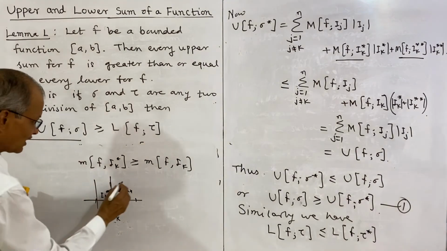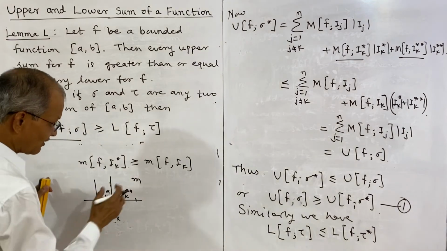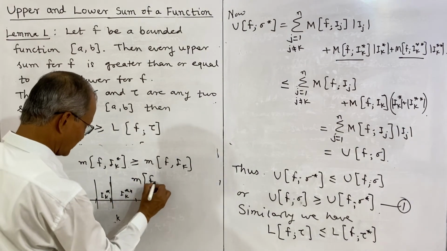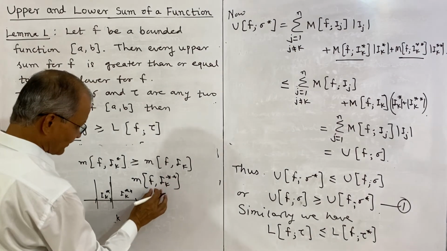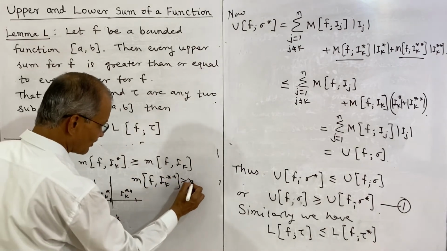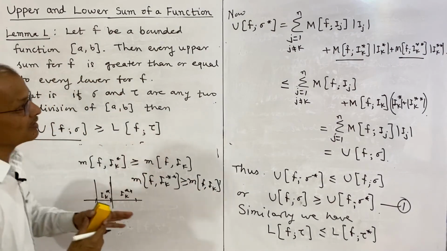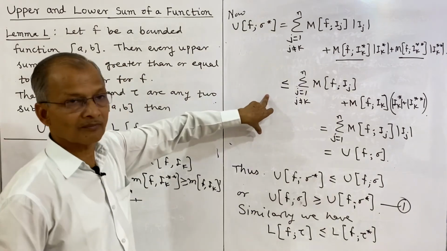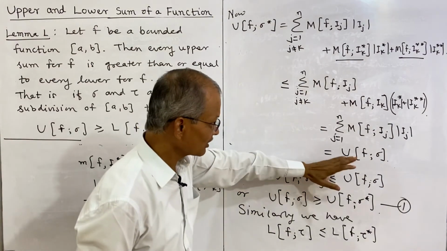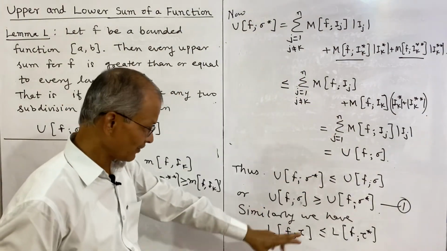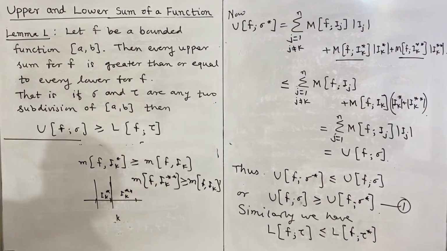Therefore, the results will be reversed in the case of minimum value. You can see the figure and check it. So, the minimum value of f on I_k star will be greater than or equal to the minimum value of f on I_k, and thus the inequality will reverse. That means, when we take the lower sum, the lower sum will be less than or equal to the lower sum of f on tau star.